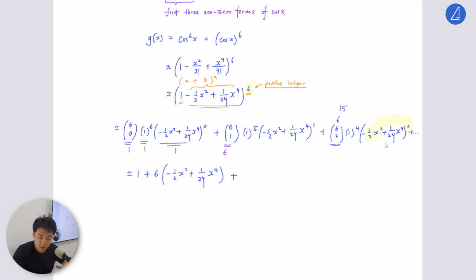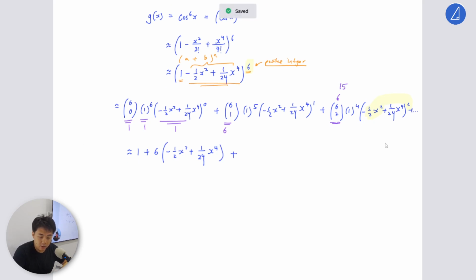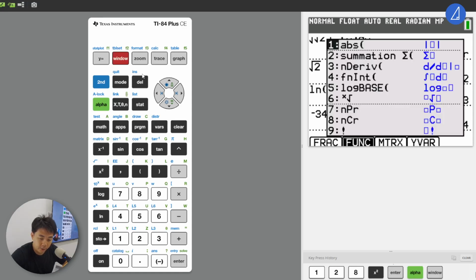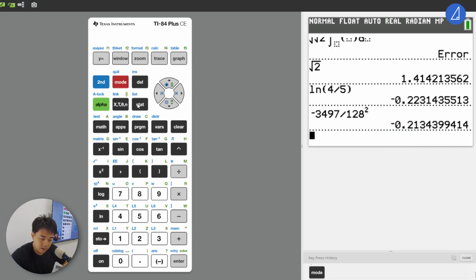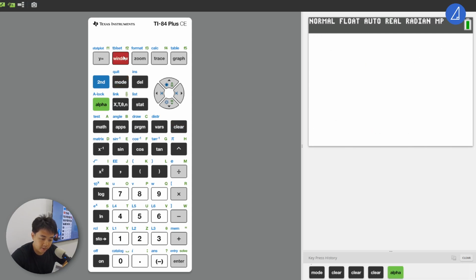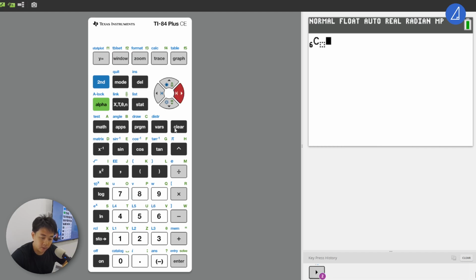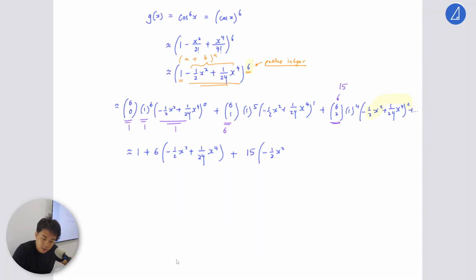On your GC, you see this function F2, there's a C here, so you have 6 choose 2. Alpha F2, then go to number 8. So it's 6 choose 2, and you get the answer, 15.